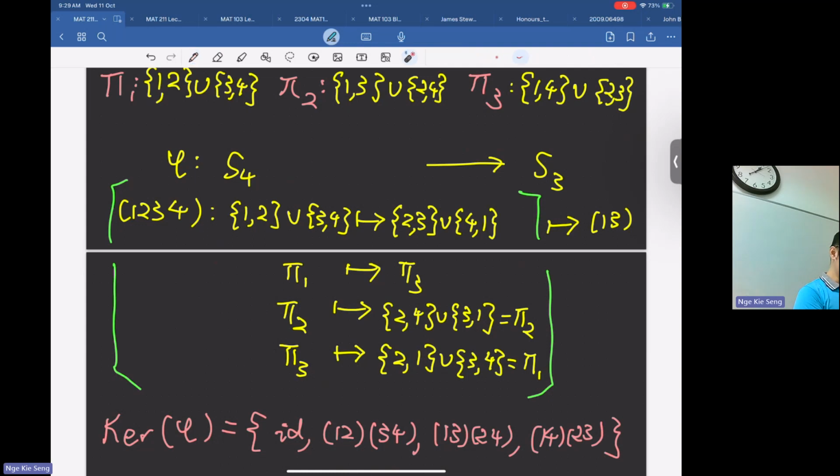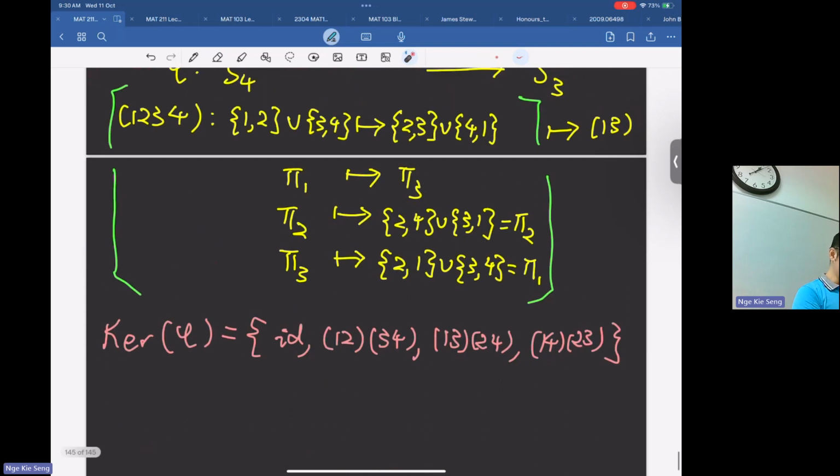Meaning they just permute among themselves within the set, so that you can fix every one of them. And this is a very famous group. This is the group of order 4, right? Last time I mentioned a fact to you when I introduced the multiplication table. How many groups of order 4 are there? You remember?